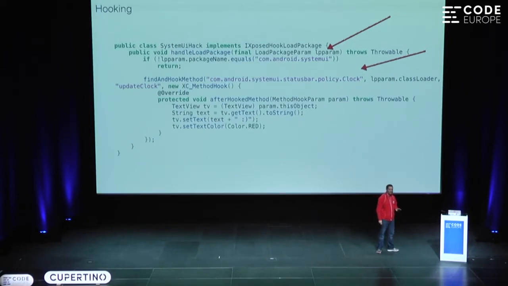But imagine that if you can do this with the system UI, with this package here, you can do this with anything else. So if you do decide that it's okay for people to have a rooted device and still use your application, the one thing I will look out for is if they are using Exposed, and even though you allow rooted devices, make sure that you block Exposed.